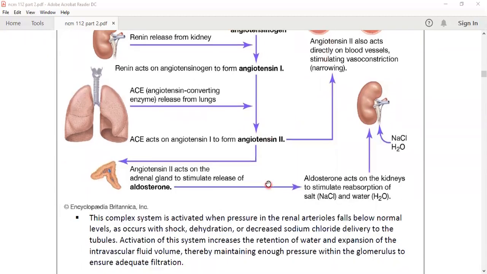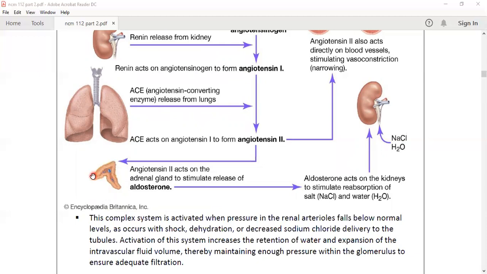Another thing that your angiotensin 2 does is that it now stimulates your adrenal glands. So what are your adrenal glands, by the way? If you will recall your anatomy, your adrenal glands are your endocrine glands that are located on the top of your kidneys, on each of your kidneys. It produces a number of substances, and one of these substances are your mineralocorticoids, which comes from where?